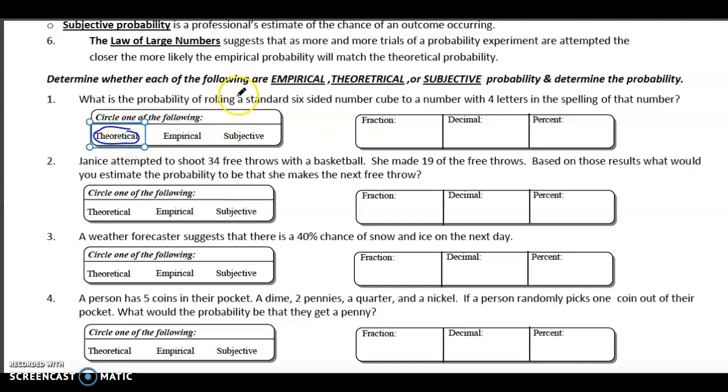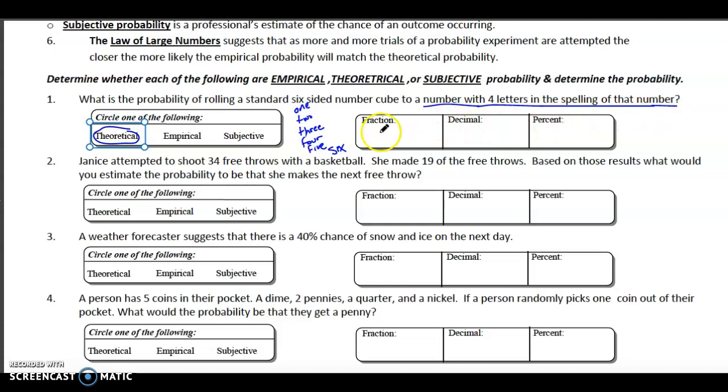Think about the numbers that you can roll with a six-sided number cube. You've got 1, 2, 3, 4, 5, and then of course 6. And we want to roll a number that has 4 letters in the spelling of that number. Well, I think you only have 2 options there.